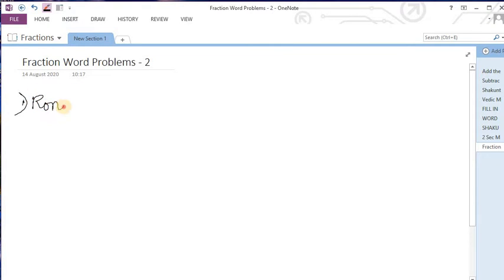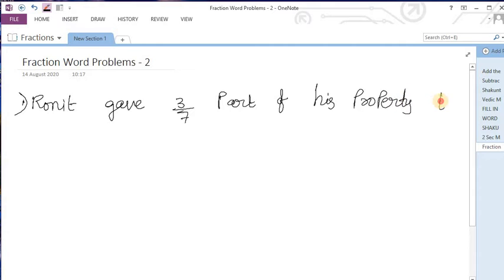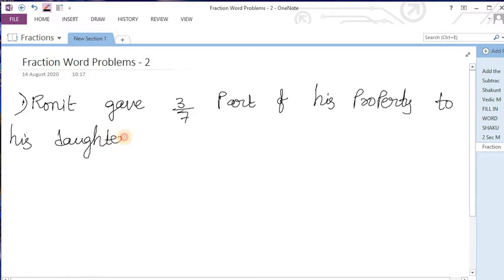So here he is saying that Ronit gave 3/7 part of his property to his daughter and remaining part to his son.